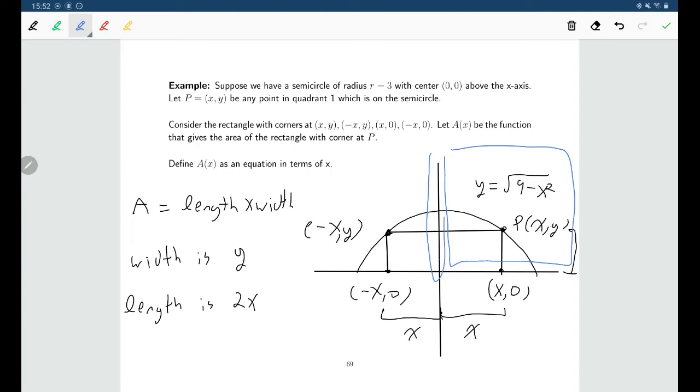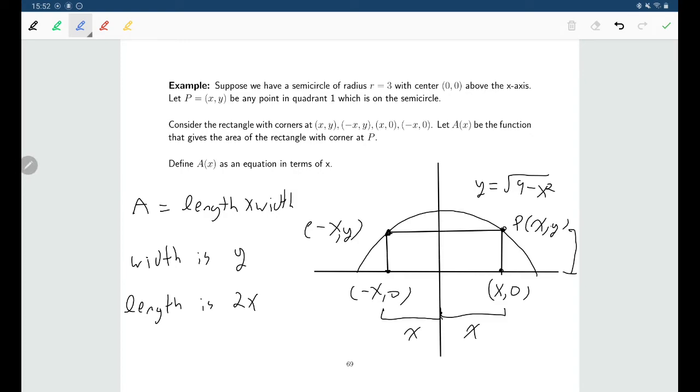Being on the y-axis, you're not actually in quadrant 1. That's the borderline between quadrant 1 and quadrant 2. And being on the x-axis, you're also not in quadrant 1. That's the borderline between quadrant 1 and quadrant 4.